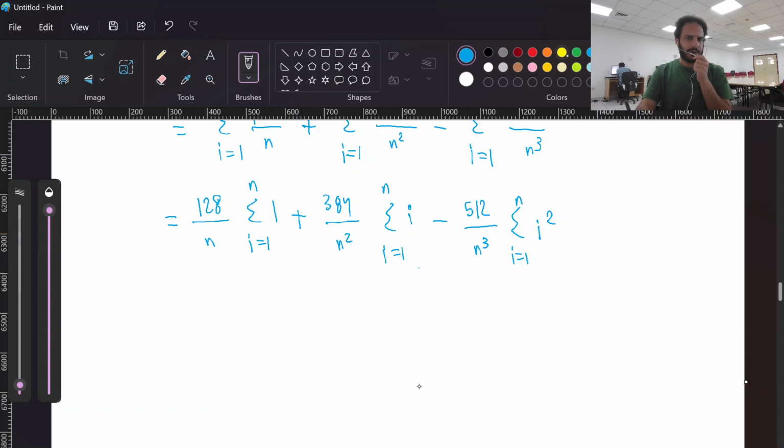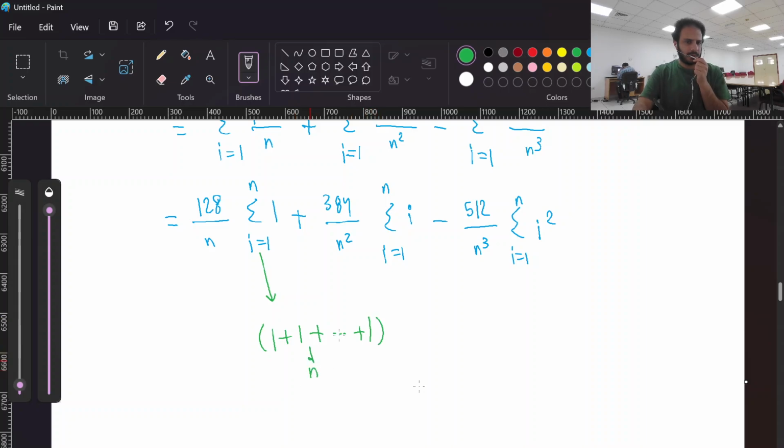What's the value of the first sum? What's the meaning of the first sum? 1 plus 1... It's n. Yes, it will be n because we are adding 1 to itself n times. So here this is n.